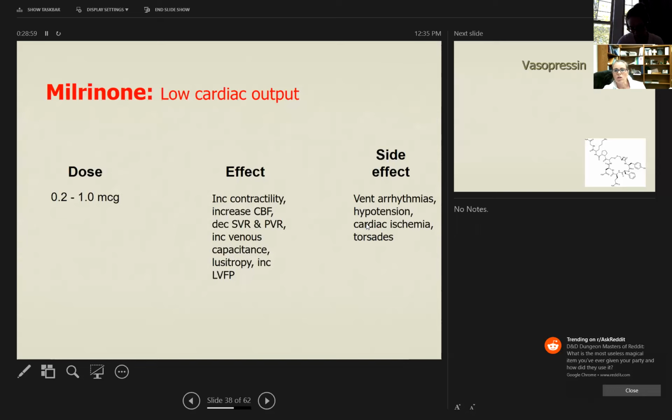And this has a longer half-life. Milrinone has a much, much longer half-life, and it is renally excreted. So we're going to have to use this with a lot of caution when you've got kids who have marginal blood pressure to begin with, or who have markedly impaired renal function, because it'll stick around for a really long time, and that can be a harder hole to dig out of.